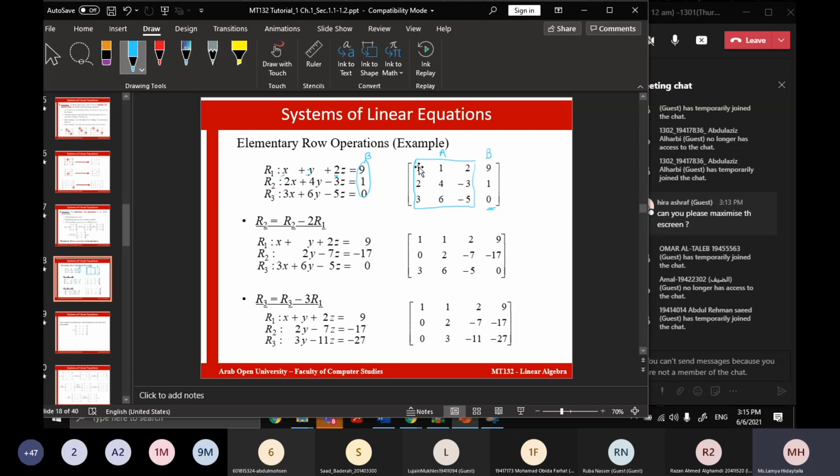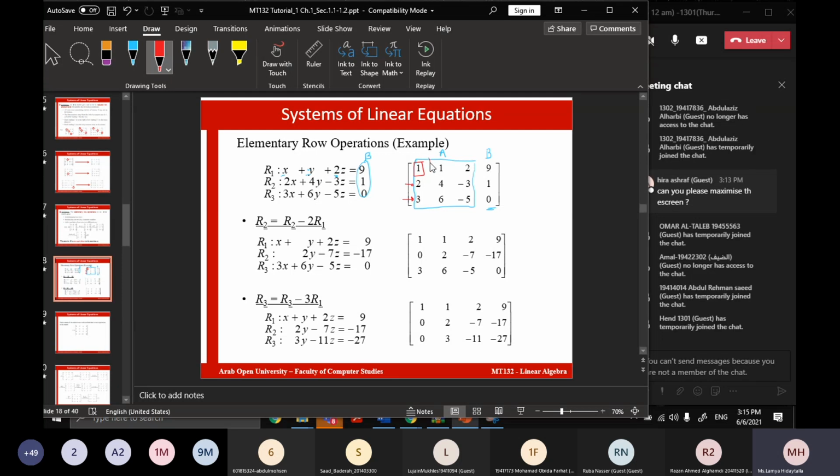So this is our leading one. Then if this is a leading one, all the other entries in its column should be 0.